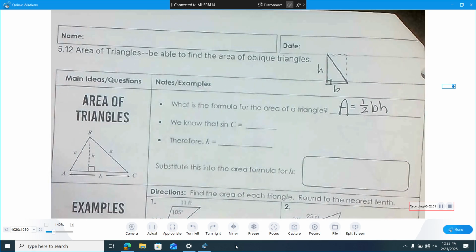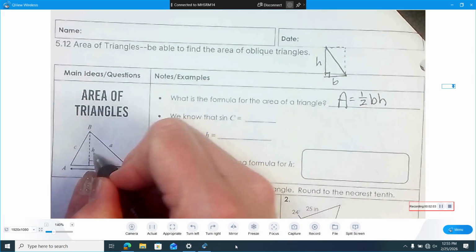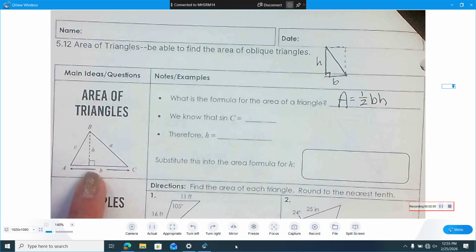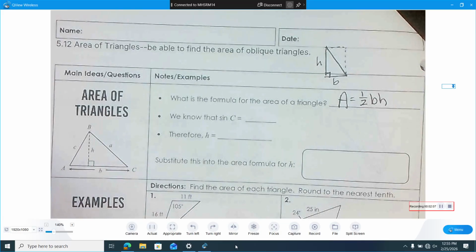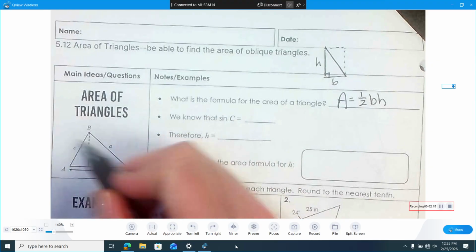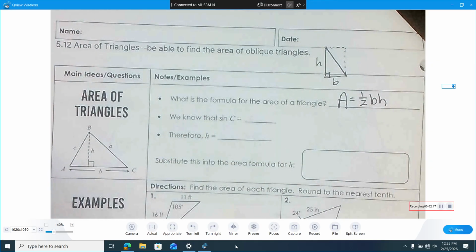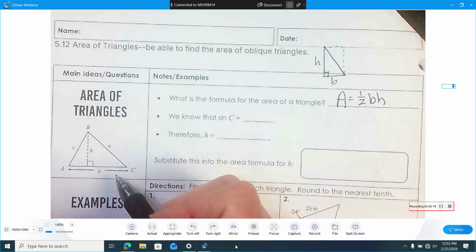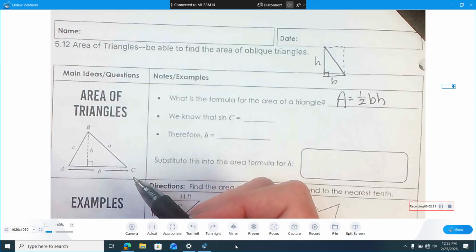We're going to drop in this altitude, and we're going to call it h for the height. And I don't know what it is necessarily, but maybe they did give me a side length. So I know this value here. Maybe I know the sides of my triangle or something like that. So I have a couple of pieces of information here.